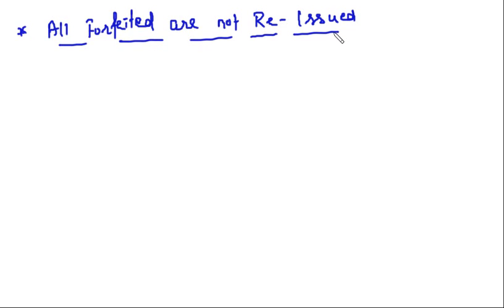Now today we are going to discuss a part where all the forfeited shares are not reissued. Only some part of forfeited shares are reissued. Then how to deal with that situation, that is what we are going to do. For this, I'll take an example. We'll understand this topic with the help of an example.